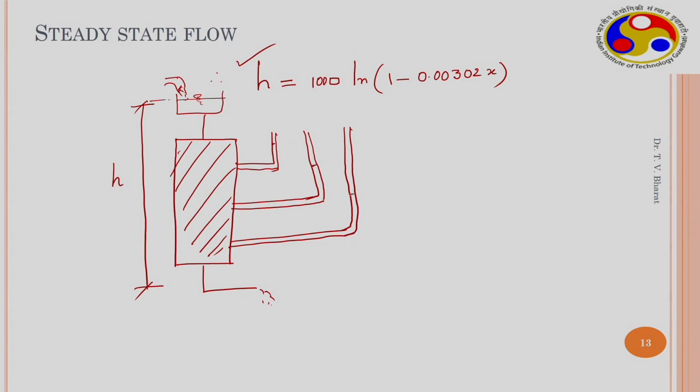the variation in the head with distance, if this itself is nonlinear, that means the soil is unsaturated. If this variation is linear with depth, this is the head variation with depth, the slope is the gradient, dH by dx. If the head variation with space is nonlinear, that means the soil is still unsaturated. Moreover, as you increase the head, the flux may increase, but the hydraulic conductivity should remain constant.